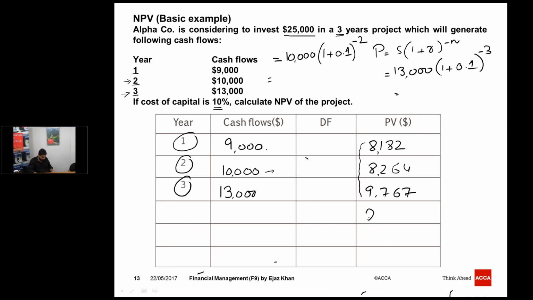It will be 26213. So 26,213. And what is this? It is actually the present value of all cash inflows.